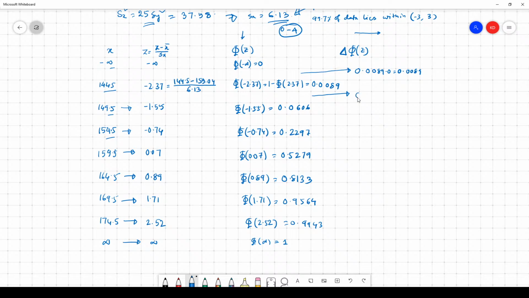Then 0.0606 minus 0.0089 is 0.0517. This means the probability that x lies between 144.5 and 149.5. I repeat this part again.